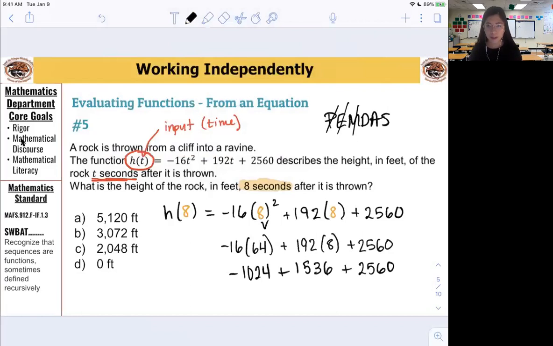And then in the final step, I don't need to divide, but I'm going to add everything that's left over. So I'm going to go ahead and add negative 1,024 plus 1,536. Now I am using my calculator here. I get 512.